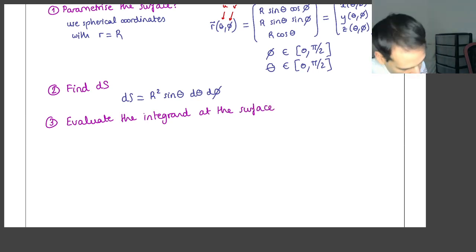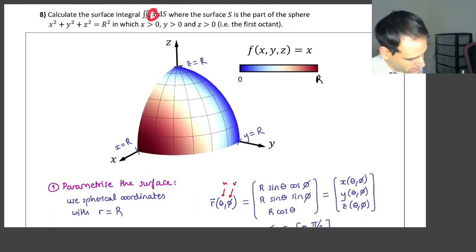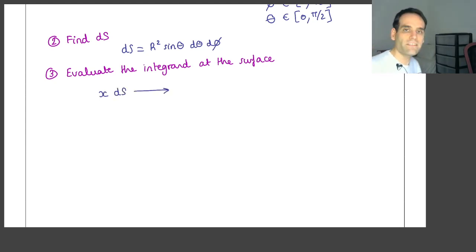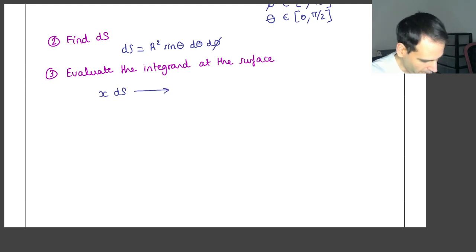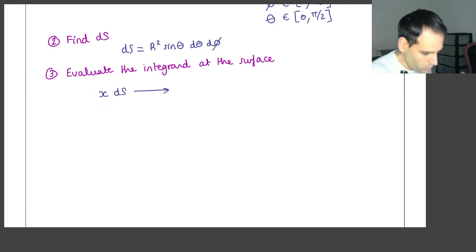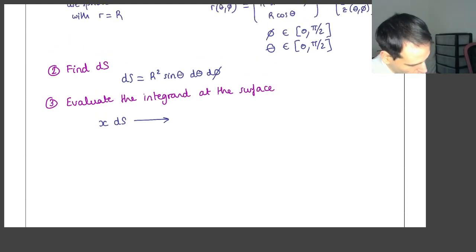We have our function being integrated, which is x, so the integrand is x ds. We need to evaluate it at the surface. What does this mean? It means that we cannot have an x here, because x changes when we move through the surface. So we need to write x as a function of u and v. How do you do that?